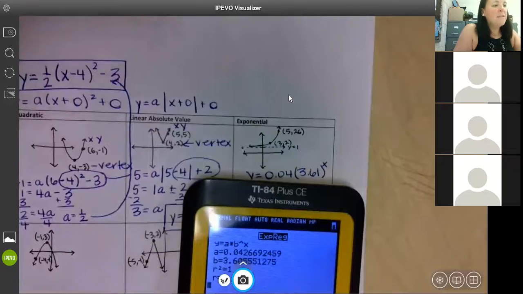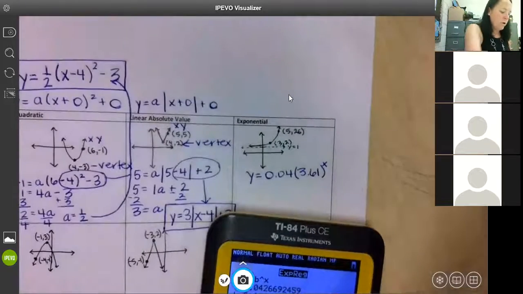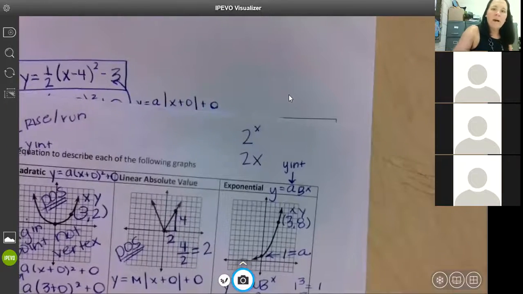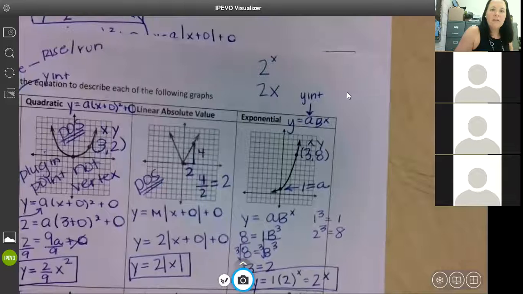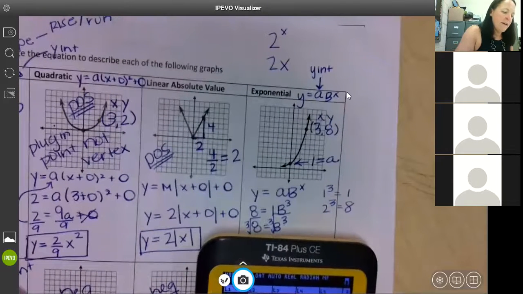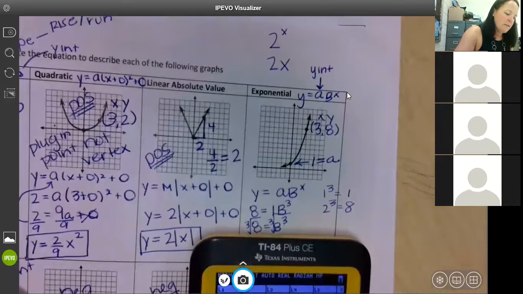But if we go back to the other ones that I did earlier that I didn't record, I apologize. So like we found out that this one was 2 to the x. I can go into stat and edit and change my points. My point is 3, 8.